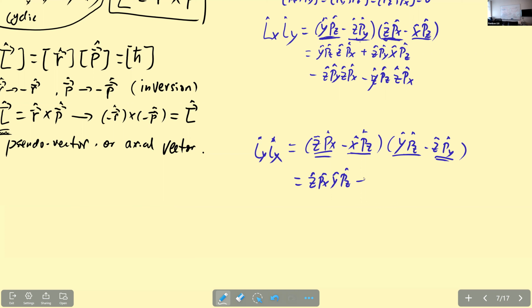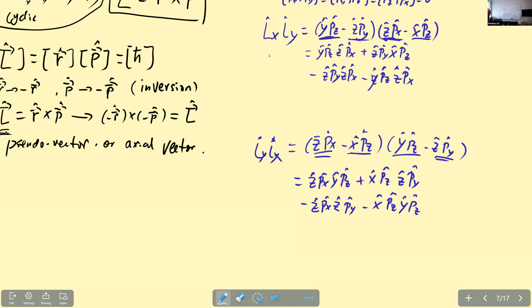And you minus and plus X Pz and Z Py, okay? And also you have minus Z Px and Z Py, and then minus X Pz and Y Pz.